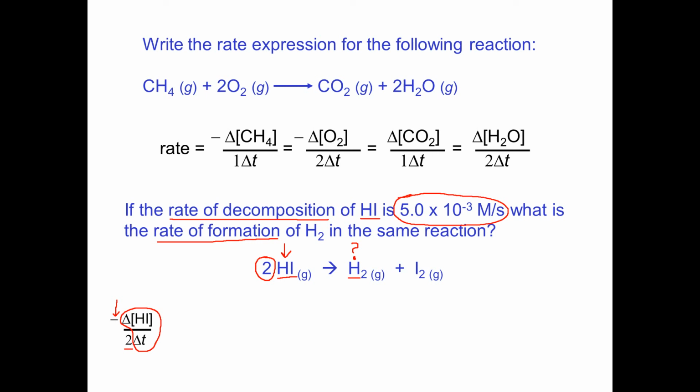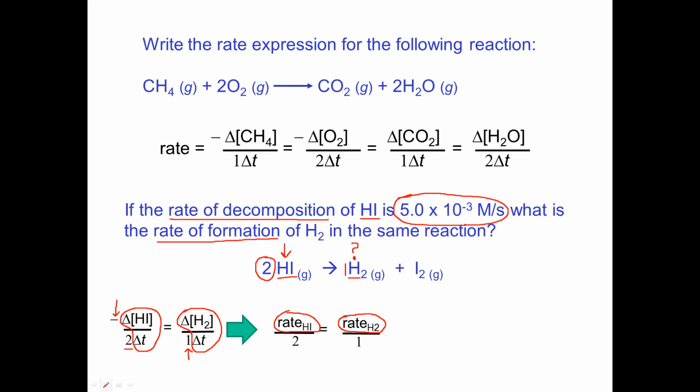We're going to set that equal to the rate expressed in terms of H2, which is the change in H2 over time divided by the coefficient of H2, which is 1. We're going to make our substitution saying that change in concentration over change in time is just a rate. So we're going to say the rate of HI over 2 equals the rate of H2 over 1.